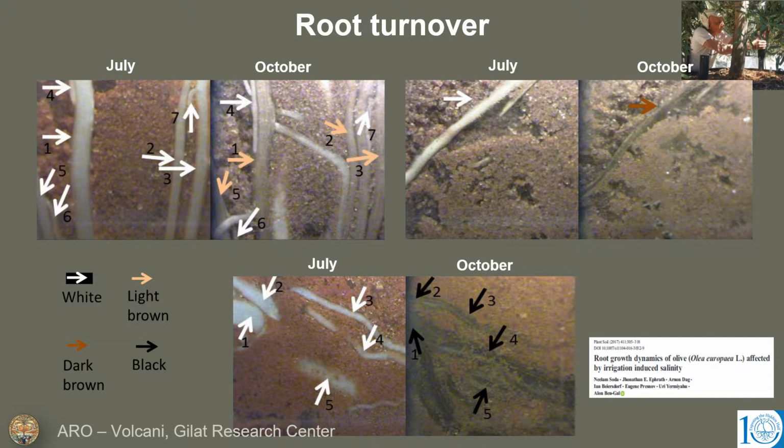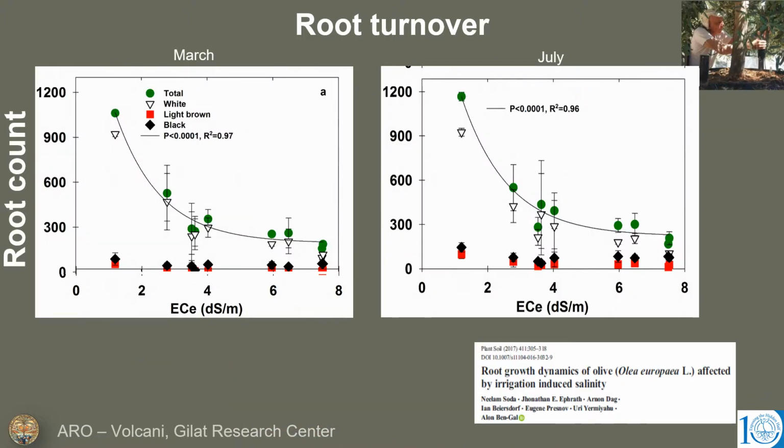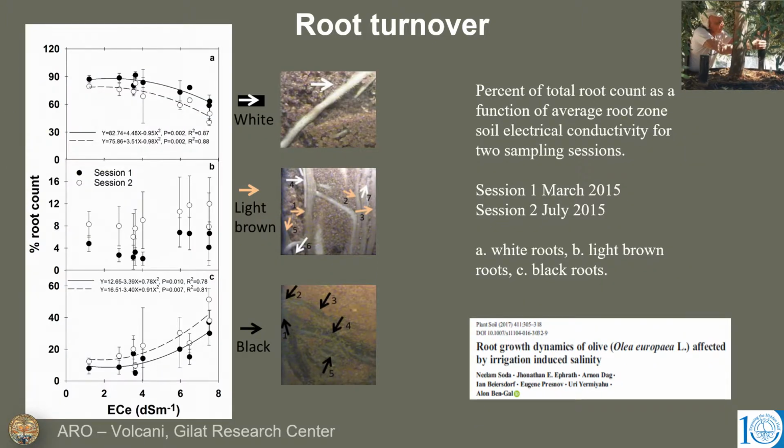Then we can see the root turnover, or in this case, two different dates with the total amount of roots, divided into these four different categories, or three, I think we see in the figure here. And then we can see changes over time with the increased amount of the older roots.